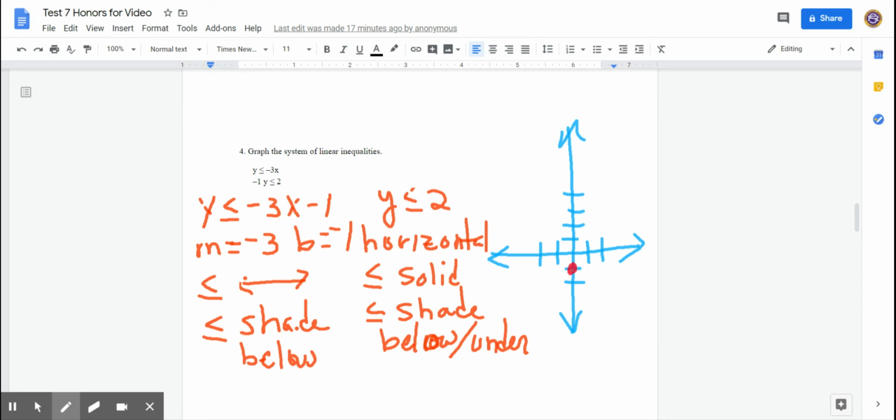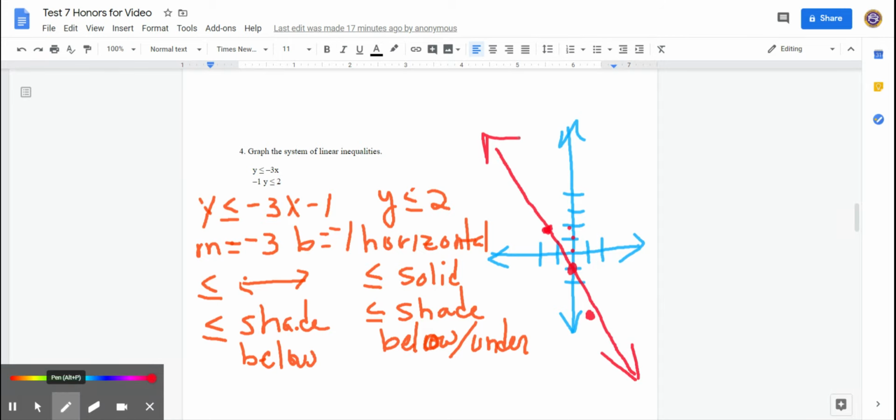The slope is -3, so you're going to go down 1, 2, 3, and right 1. Or we know we can go up 1, 2, 3, left 1. So that, again, that's what I want to see, at least 2 points on the graph and you drawing a line through it.